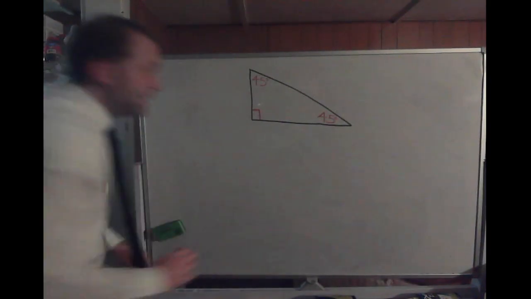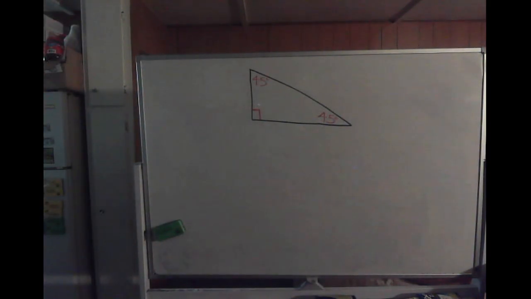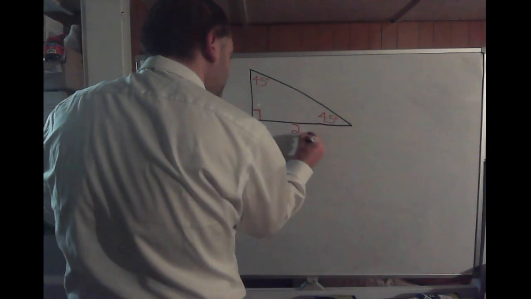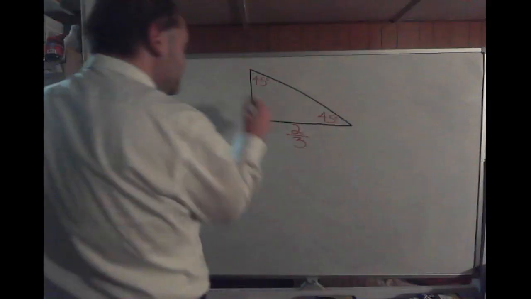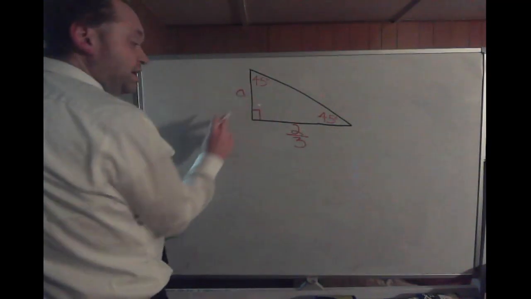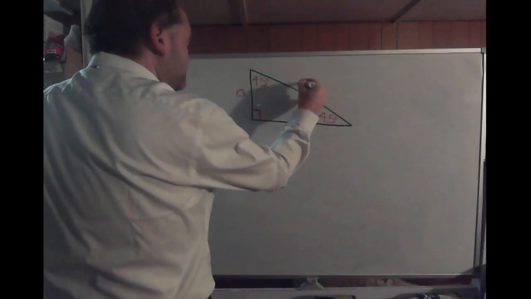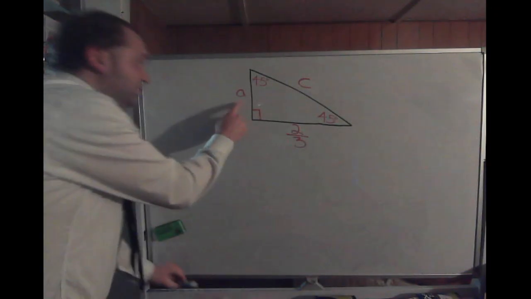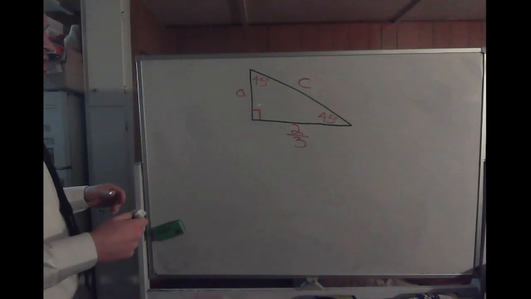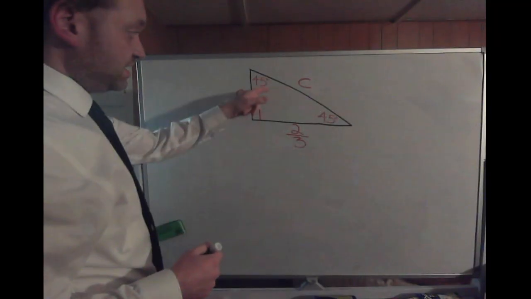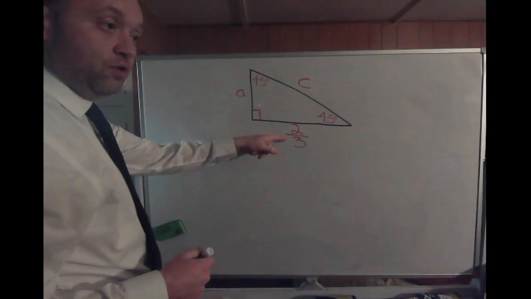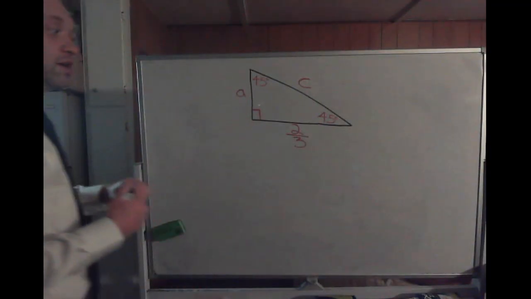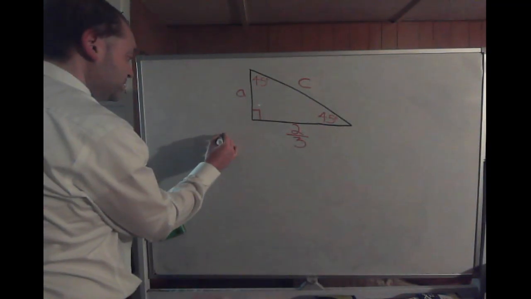All right, what do we got next? All right, this one here has a length of 2/3. This is length A for this leg, and then this is length C. So this time we got to find the length of this leg with length A. Well, if this leg opposite the 45-degree angle has a length of 2/3, then this leg opposite this 45-degree angle will also have a length of 2/3.